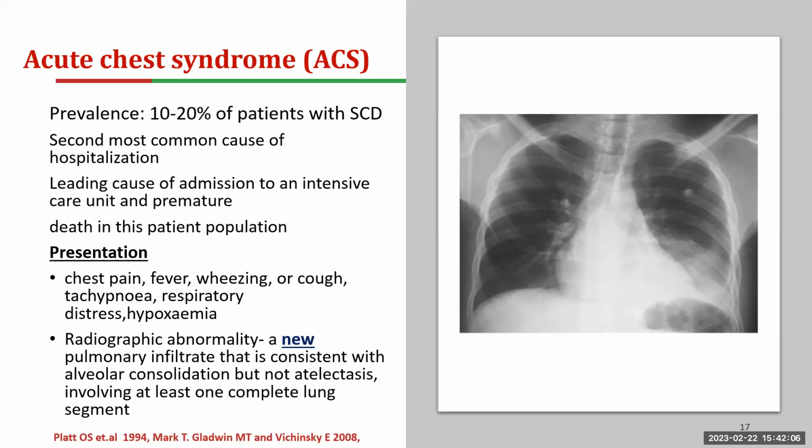And maybe this may not be practical in many of our settings, but the definition remains a new pulmonary infiltrate, which is consistent with alveolar consolidation, but not atelectasis. It should involve at least one complete lung segment. The experts will probably discuss this further, but this chest X-ray just shows consolidation in the left lower lobe.